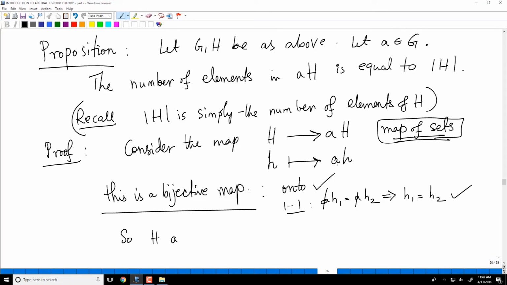So H and aH have the same number of elements.